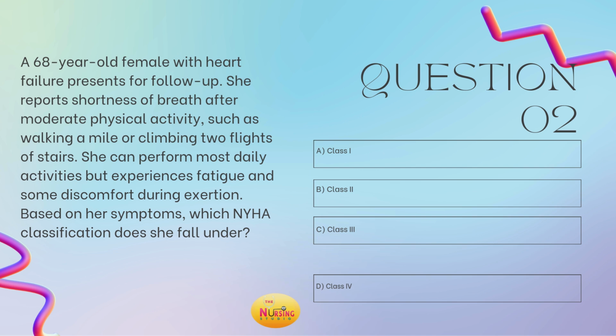Class 1, no limitations with ADLs or at rest. Class 2, slight limitations when there's a little bit more moderate exertion. Class 3, definite limitations with exertion, more minimal exertion. And then class 4, they have the limitations all the time, any exertion and at rest.